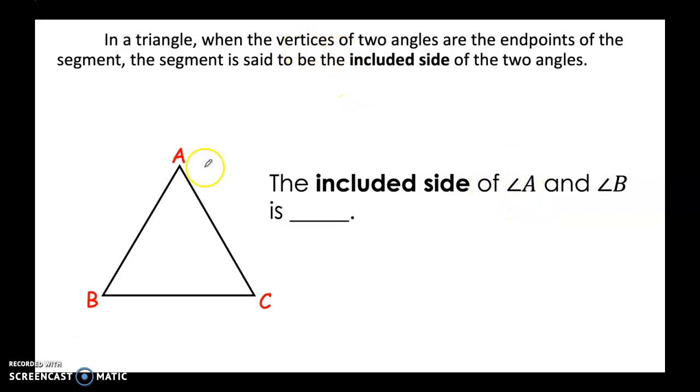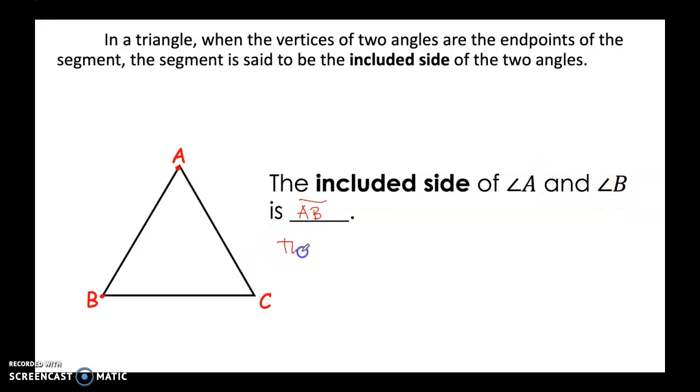The vertex of angle A is point A, and the vertex of angle B is point B. So the segment formed by the two vertices is segment AB. So segment AB is said to be the included side of angle A and angle B.